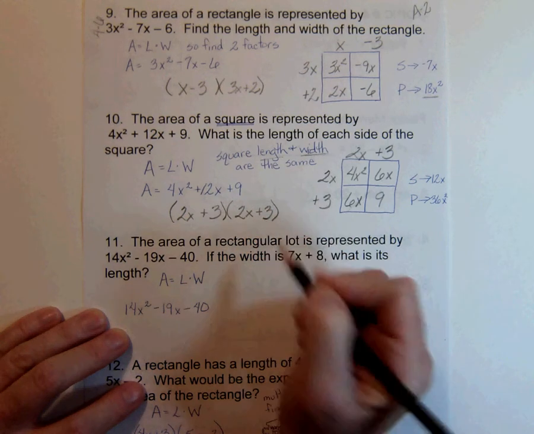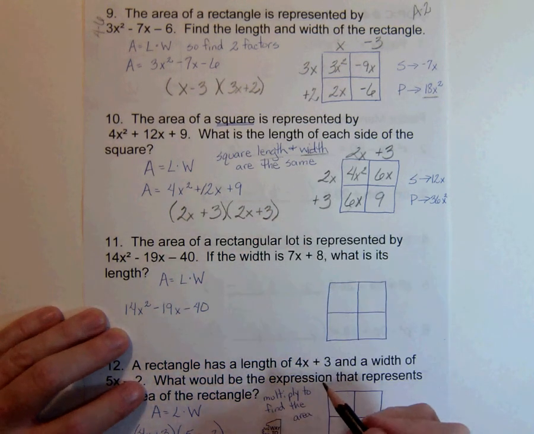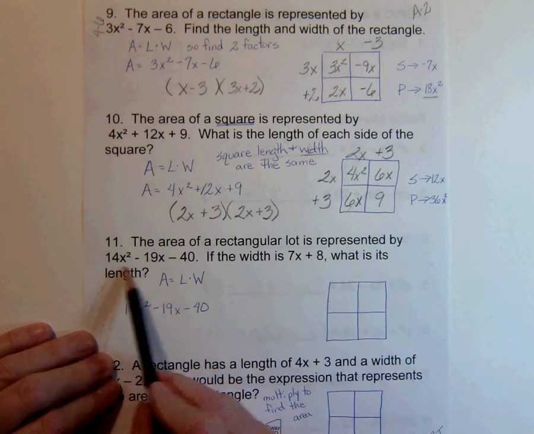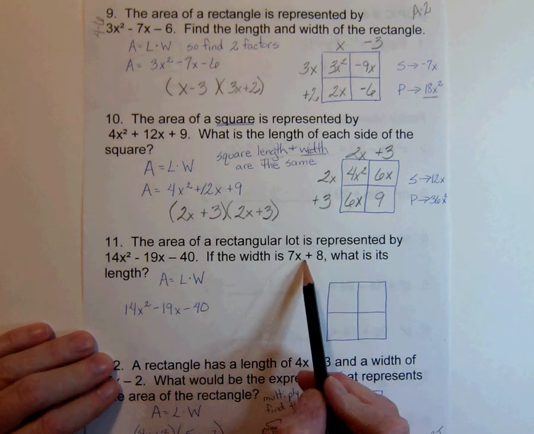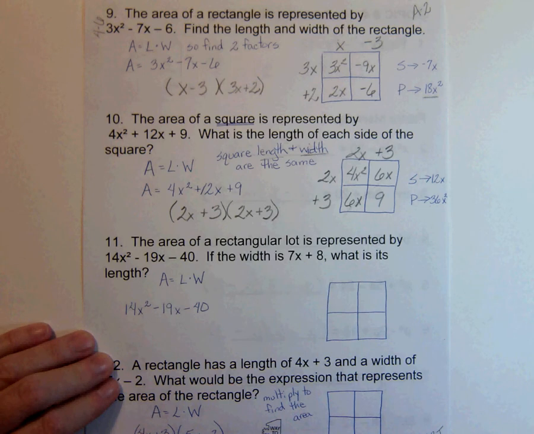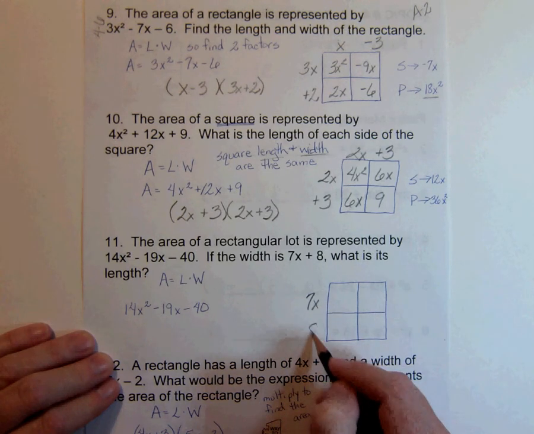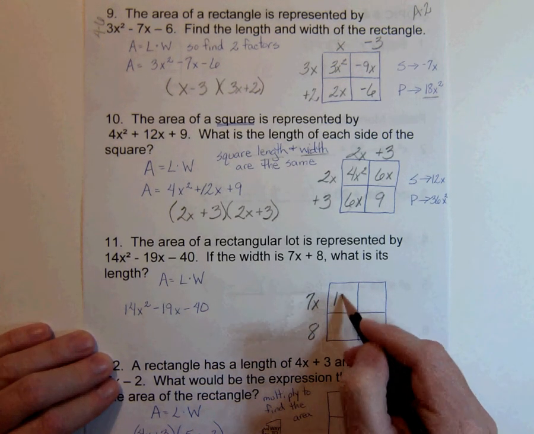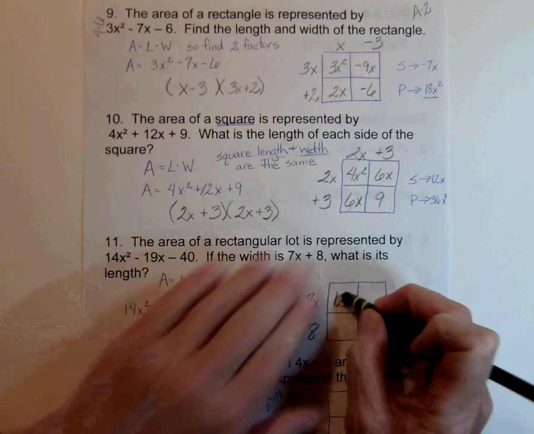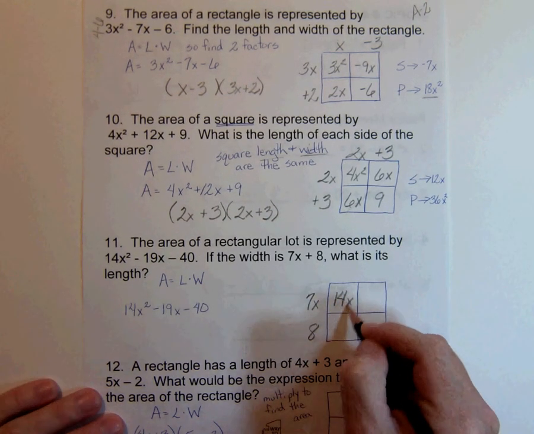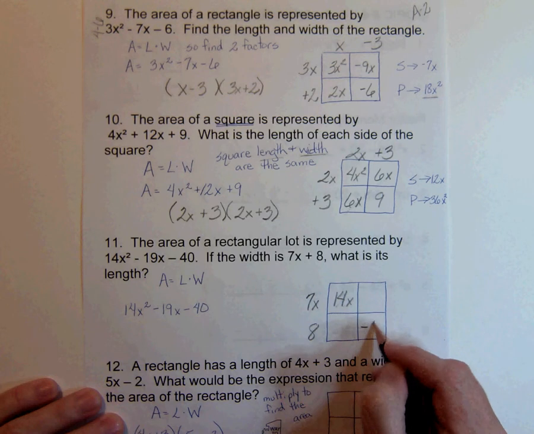All right, number 11. The area of a rectangle is represented by this formula, where the width, so they actually give you one of them. So if they're going to give you the width, we can go ahead and put it along here. You could have put it on the top. It doesn't really matter which side you put it. But you do know you're going to have your 14x here and your negative 40 here.